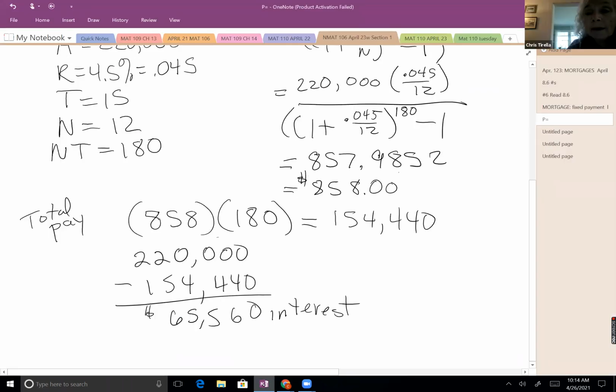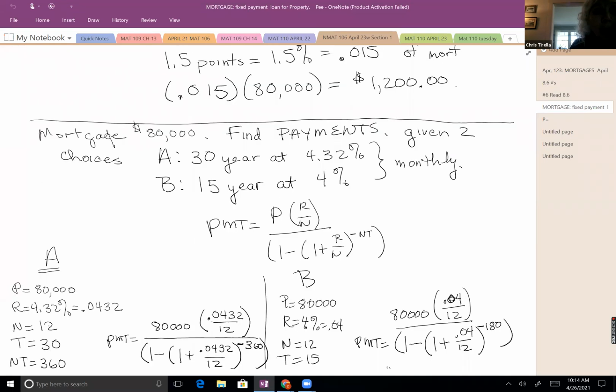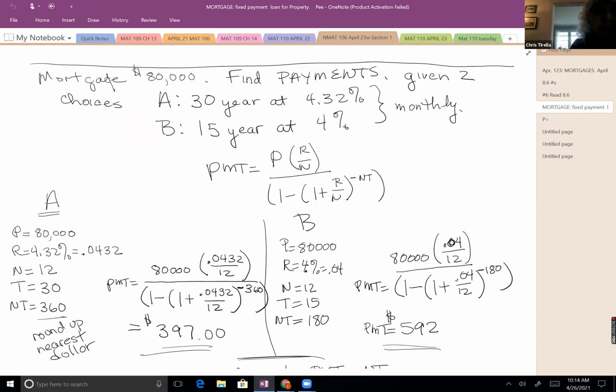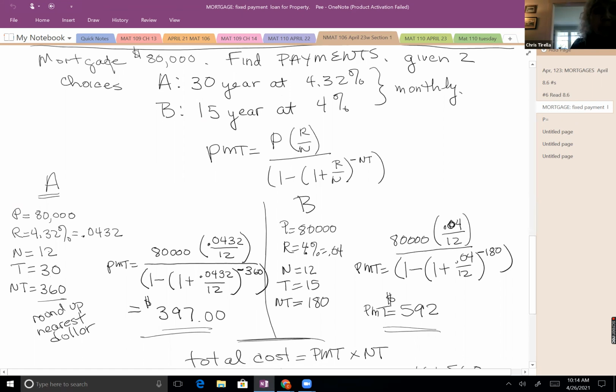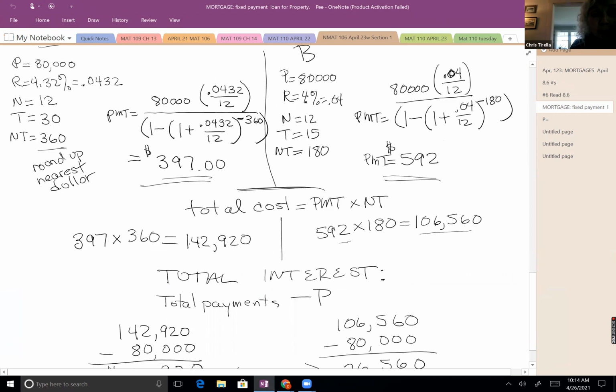So when last we met, we had left off looking at a mortgage where we were borrowing $80,000. We were making monthly payments. We looked at a 30-year at 4.32% and a 15-year at 4%. And we figured out what the monthly payments would be to the nearest dollar.